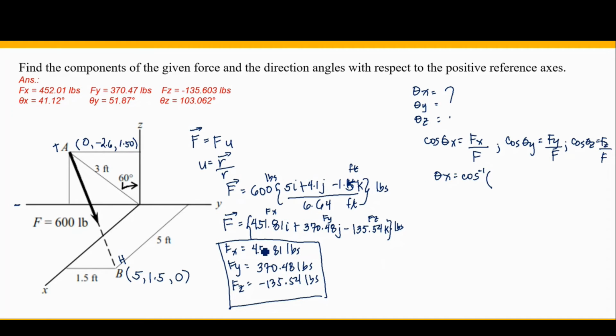So, fx natin is 451.81 divided by 600. So, pa-compute.